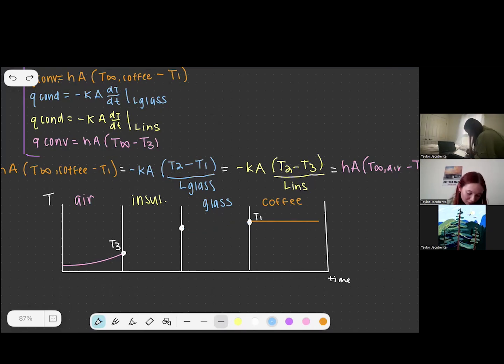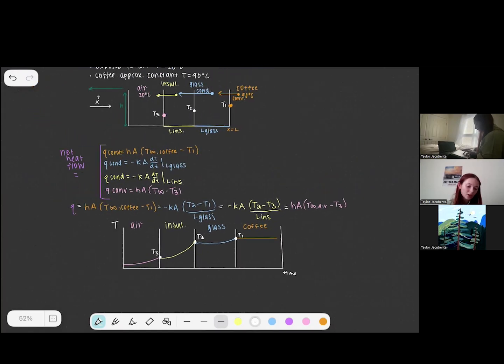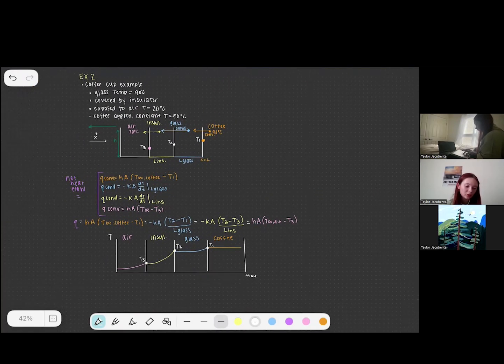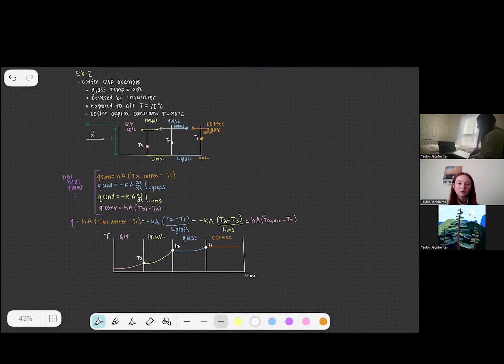If I can draw better than that. And then the largest difference is going to be from the insulator to the air. So that's going to have the steepest, and that is T2. So there is how you can model.